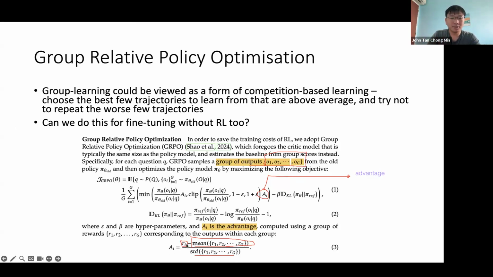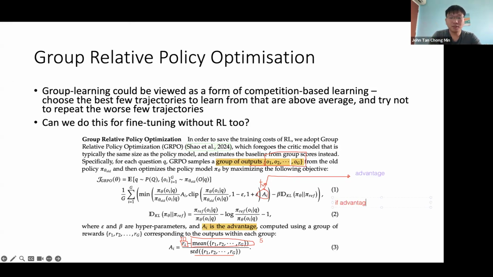But the main thing is that let's say your score is 10, and your average maybe is 5, it means my advantage term will be positive. And what this means, let me just write in words here.